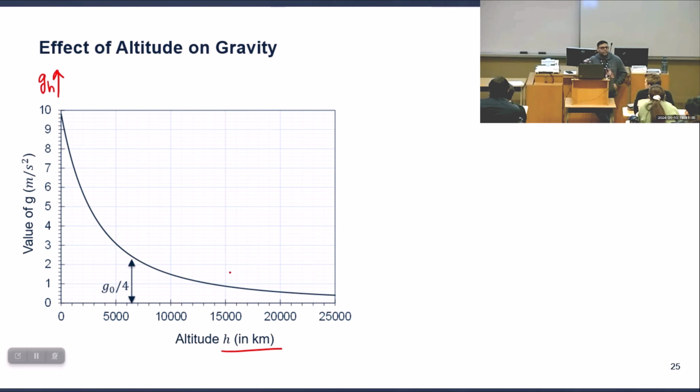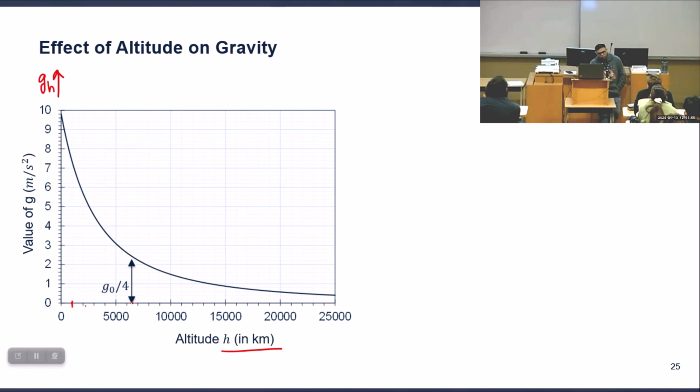So now you can see from here how the gravitational acceleration reduces as you go away from the surface of Earth, right? Here you have 1000 kilometers, 2, 3, 4, 5000 kilometers, and then slightly more than 5000.